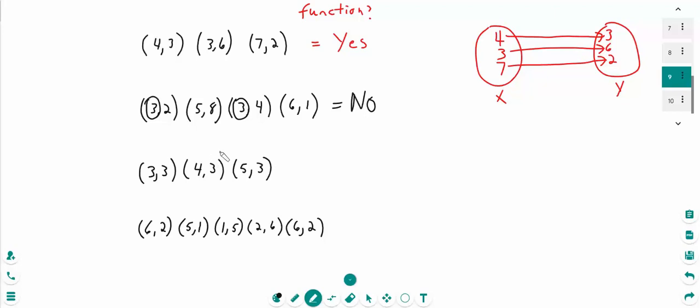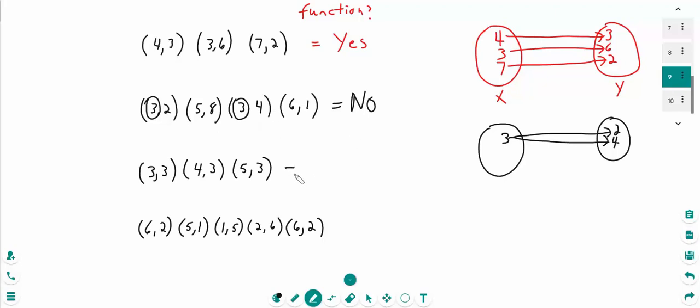That's a problem, because remember, in order for it to be a function, that domain has to be mapped to unique members and single members of the range. Here I'm saying the 3 is going to a 2, and then the 3 is going to a 4. So clearly the 3 is going to two different images, which means that this cannot be a function. It is a relation, but it is not a function.